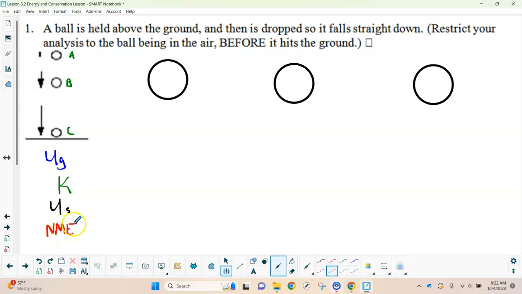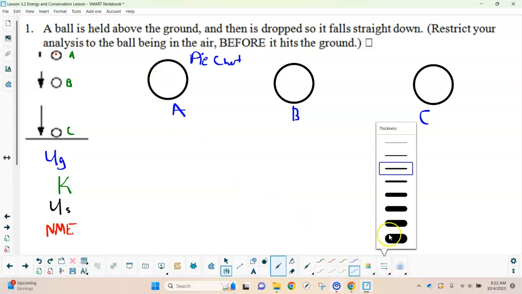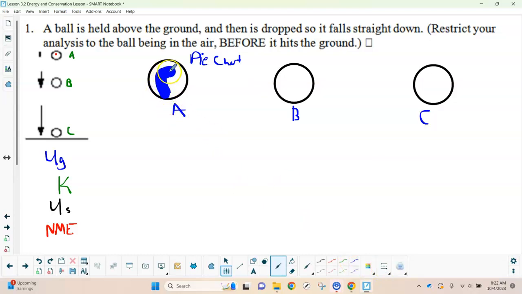Okay, so if you think about point A up here, the ball is just being held up at point A. What kind of energy does it have there? These are just pie charts. We're going to make pie charts for positions A, B, and C. At point A, I would say this pie chart would be all blue.